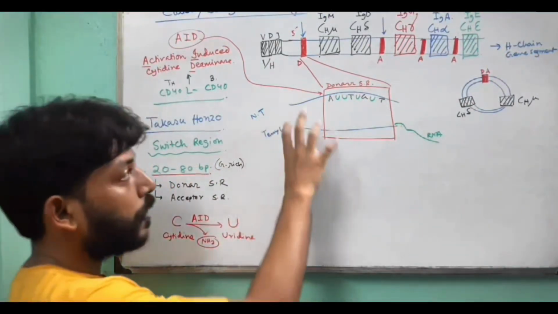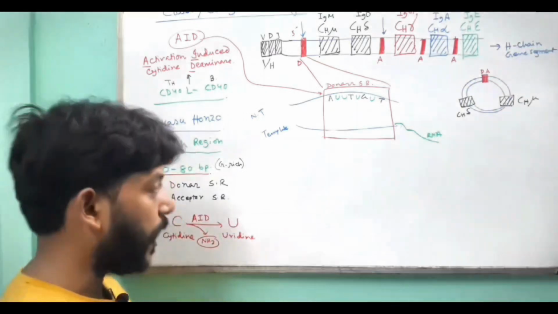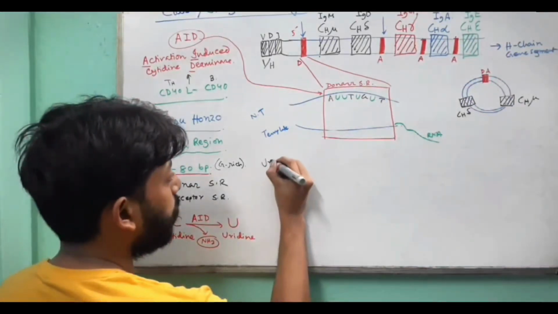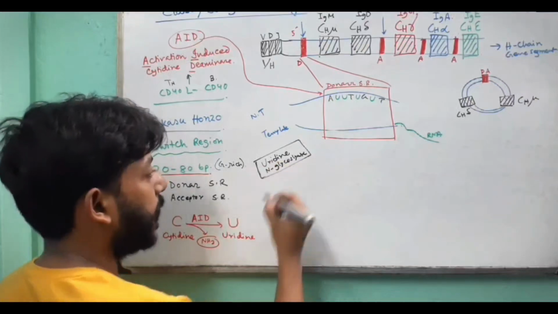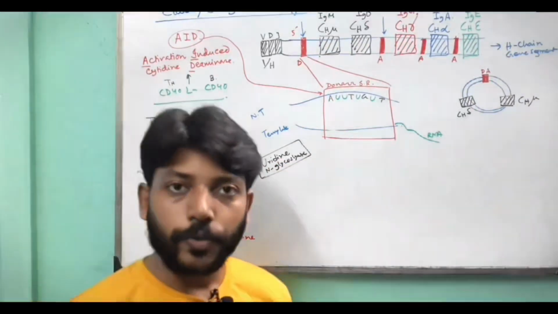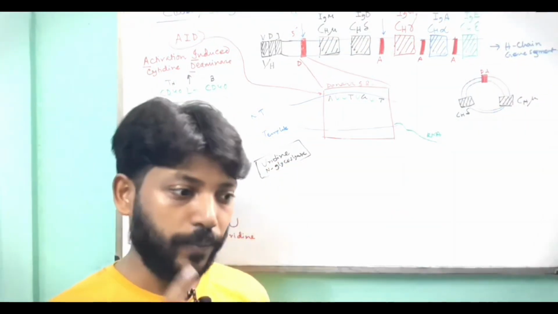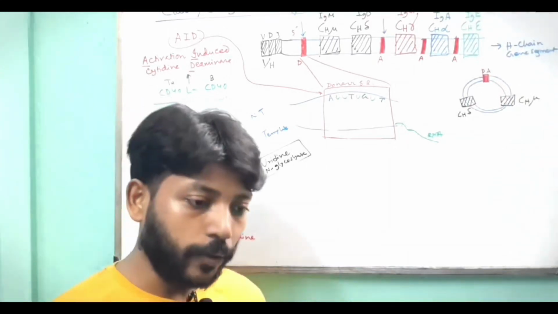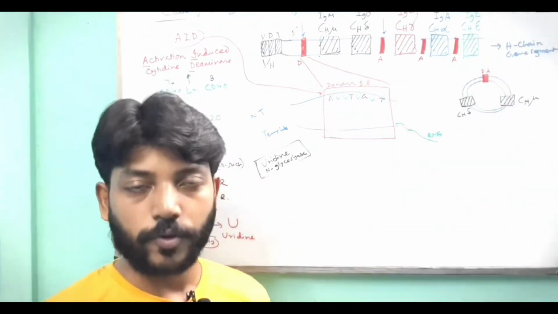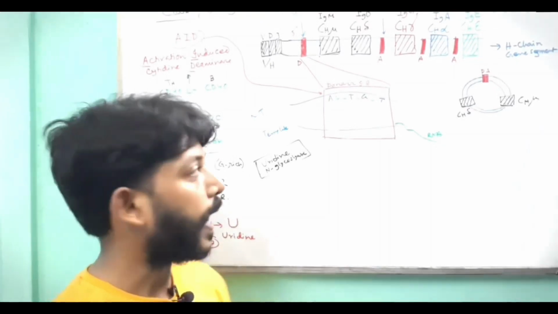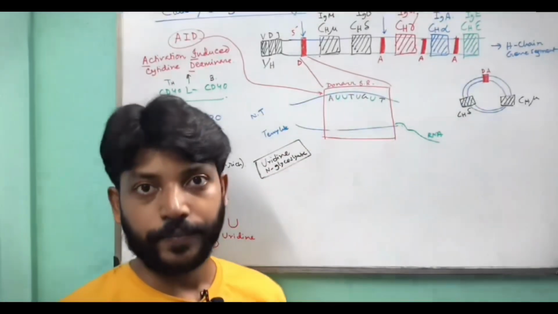Now, in our cell, there is an enzyme called uridine N-glycosylase. This enzyme can sense that if there is any uridine present in the DNA, that means there is some problem, because uridine can be present in RNA, since RNA consists of 4 nucleotides, U, G, C, A, and in DNA there is ATGC, no uridine.